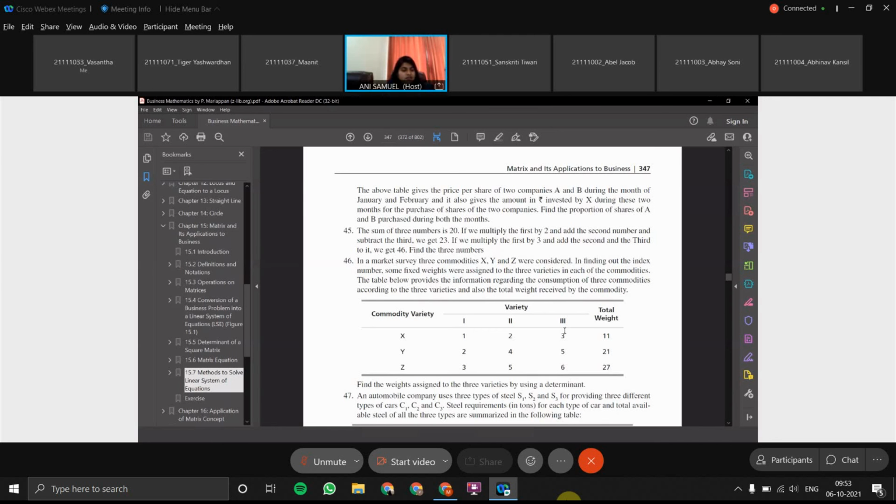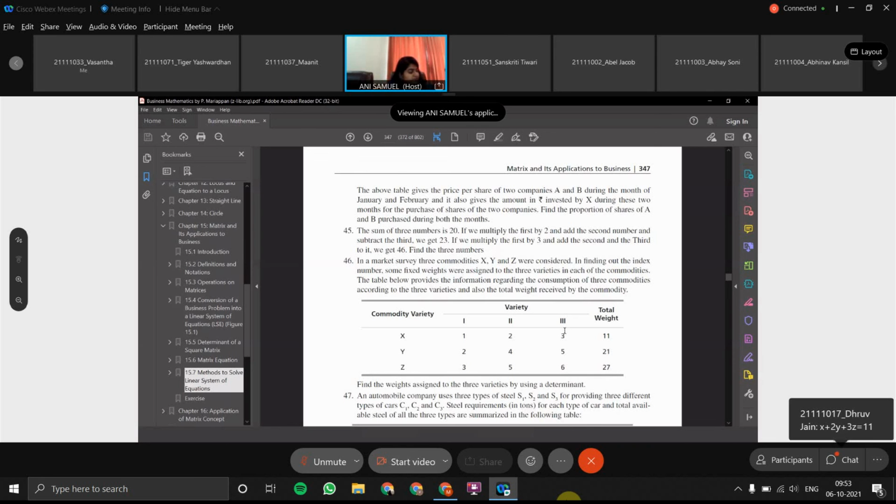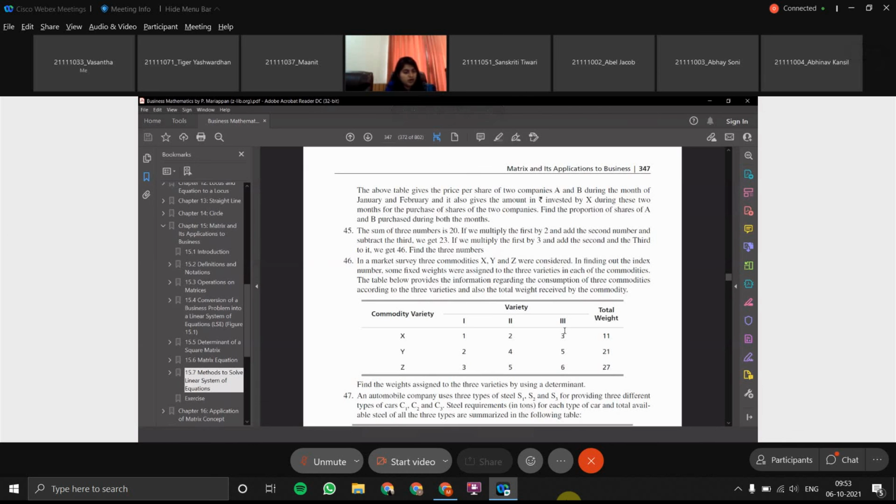Let small x be the weight of the commodity capital X, y be the weight of commodity Y, and likewise z. So the equation will be x plus 2y plus 3z is equal to 11.